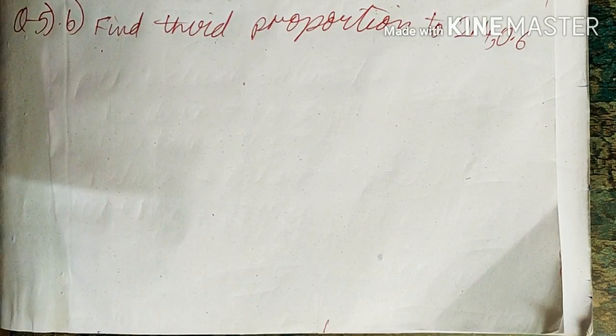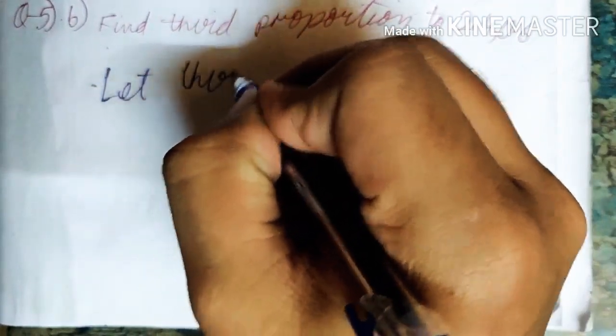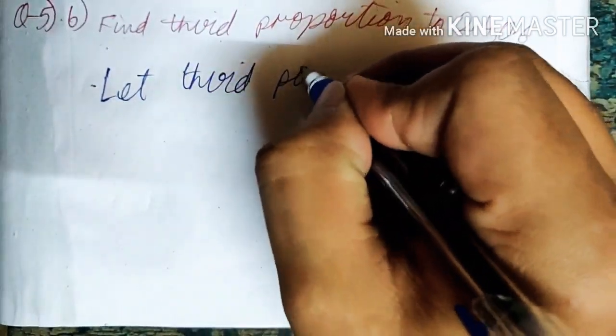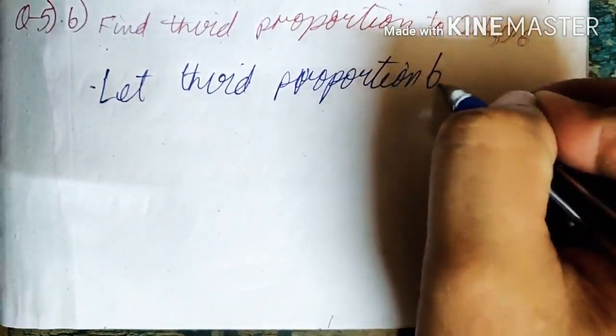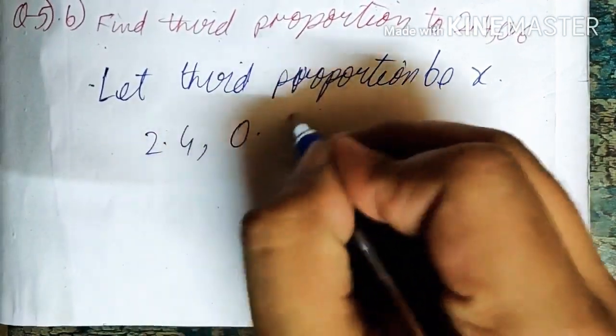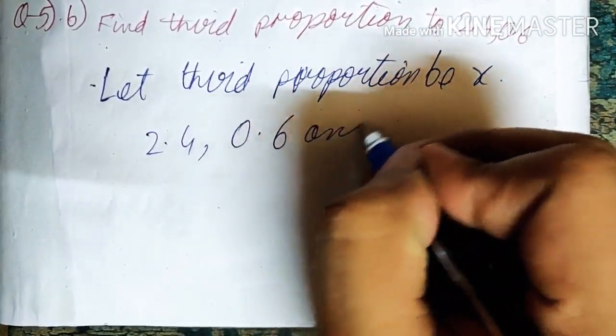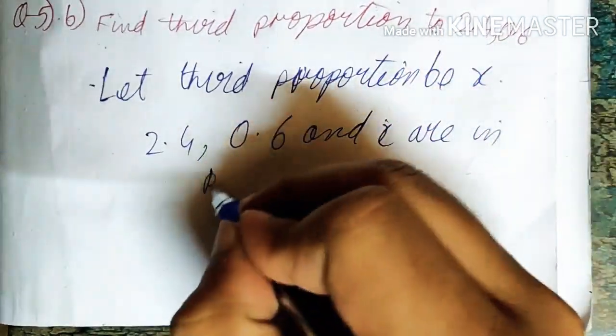Here we have the next question that says you have to find the third proportion to 2.4 and 0.6. So finding the third proportion, whatever we have to find, we will let that number be x. Let the third proportion be x, that is 2.4, 0.6 and x are in proportion.